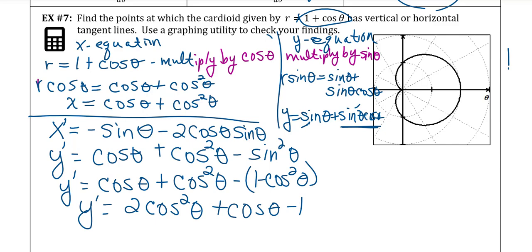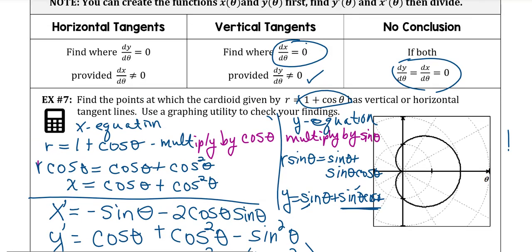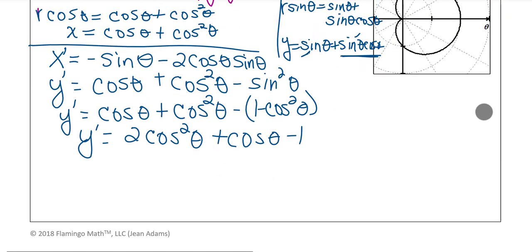Okay, so now I can find my horizontal and vertical asymptotes. So I'm going to find y prime over x prime, and for my horizontal ones, I'm going to want the numerator to equal 0, which is y prime. So I'm just going to do them separately, and that's perfectly okay to do that.